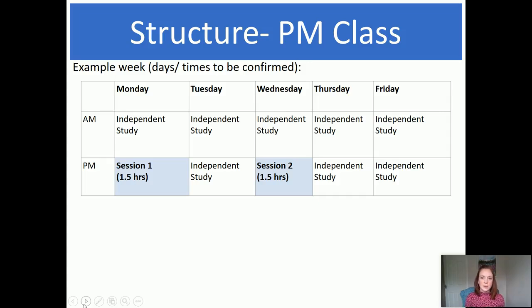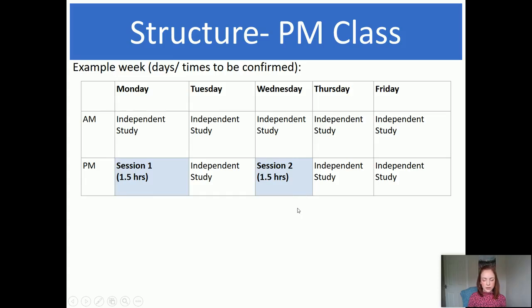The next thing I want you to think about is your availability and the time you have for this course. We will teach 2 classes per week, and those classes will take place in the evening time. In this example, you can see the schedule is Monday and Wednesday, but we will offer other times for you as well.